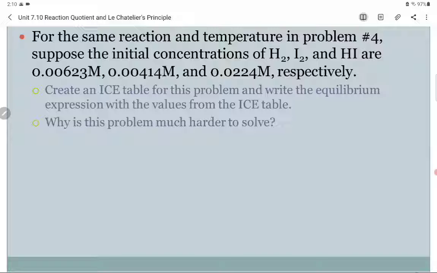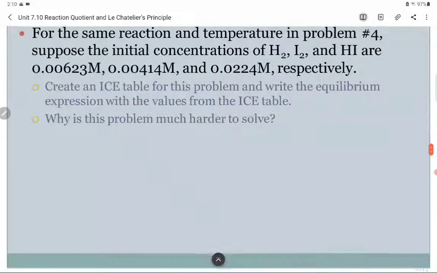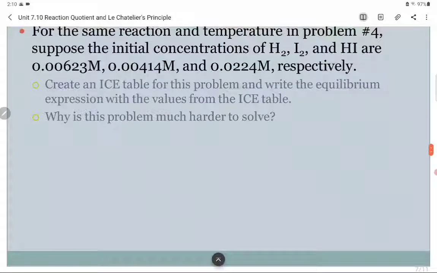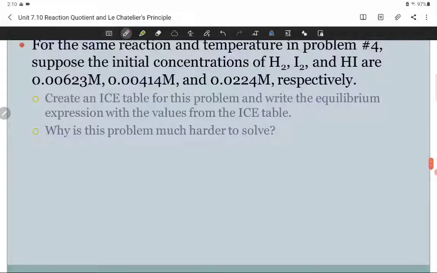So with the same reaction, we have the H2. Move that up a little bit. I'm going to need all the room I can get for this one. H2 plus I2 making 2HI. Initial, change, equilibrium, but this time we have much different numbers.